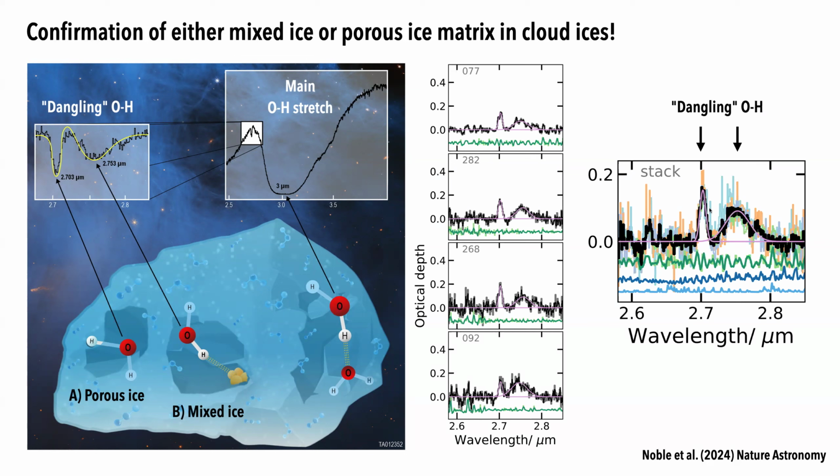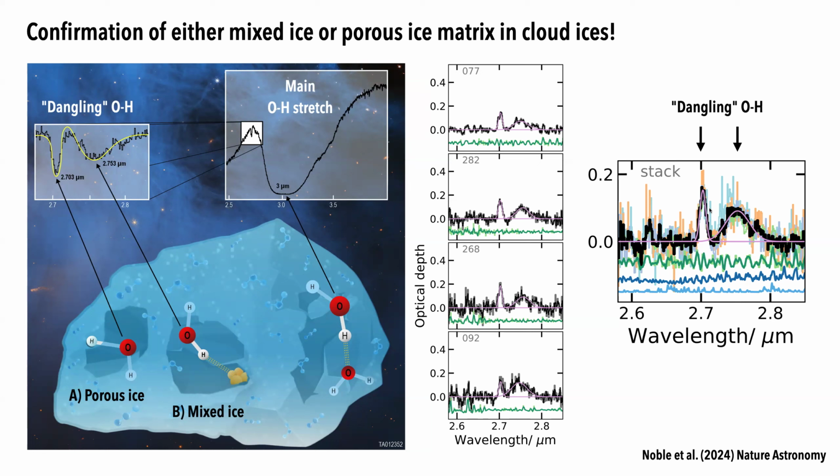Now, the fact that we see these mixed ices could be important because, as I said when I was showing you that sequence for star formation, the ices start out cold, but then they fall in through this protostellar envelope toward the protostar and start to warm up. And when they start to warm up, the more volatile ice species that sublimate at lower temperatures start to come off of the surface into the gas phase.